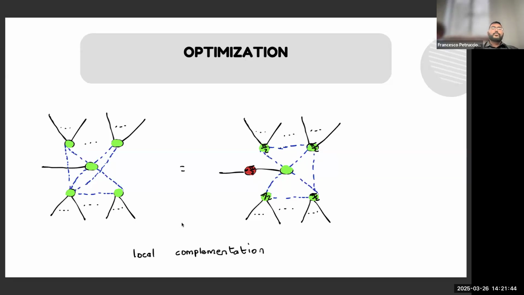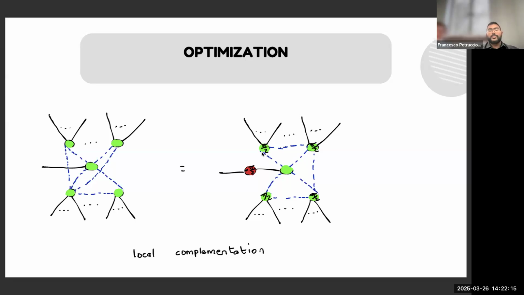So the two main properties here that preserve flow, the first one is called local complementation, where to this pattern here, we have this extra red minus pi over 2 phase, and the edges are toggled in a way that comes from an operation called pivoting on this underlying graph here.